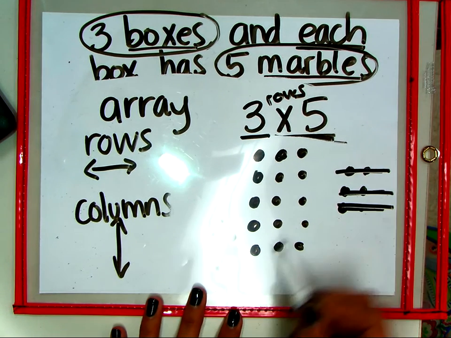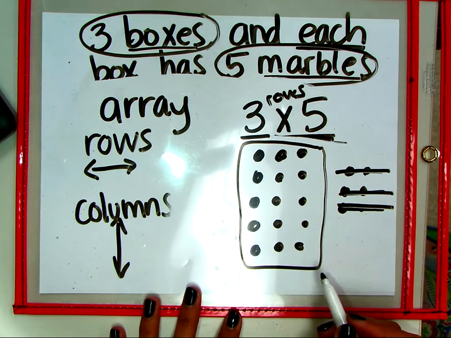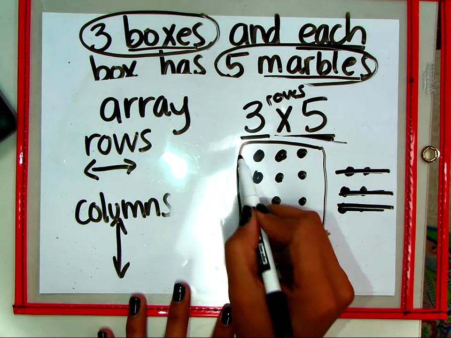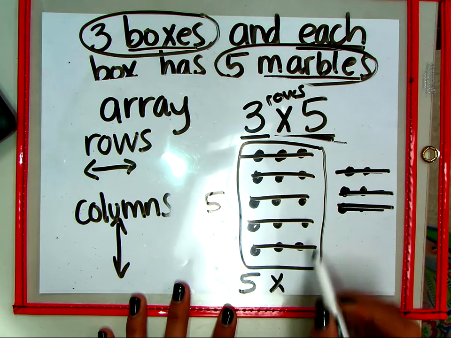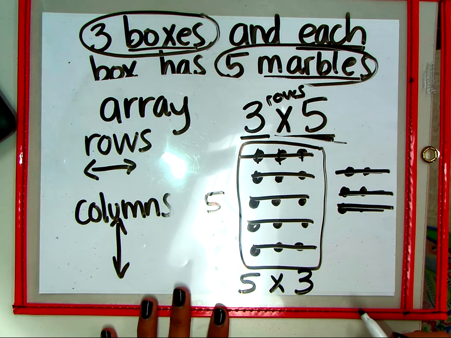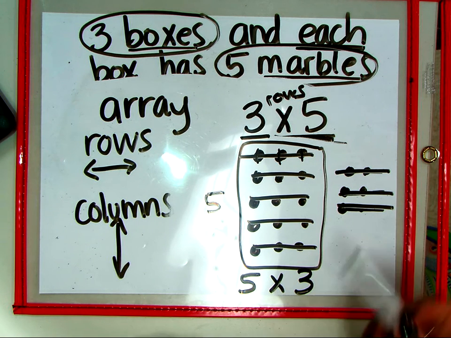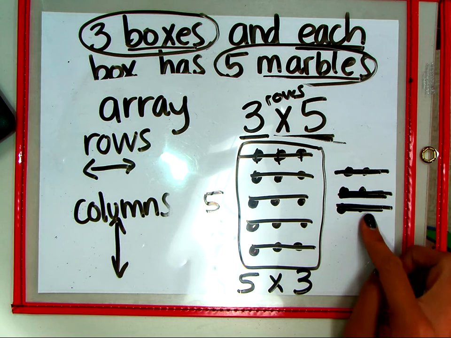If a student was just looking at this array right here, this would be more of 5 rows, 1, 2, 3, 4, 5. 5 rows of 1, 2, 3. They can be interchanged, but if a student is looking at just one array, we want them to see the rows going across first. So this would be 5 times 3, and this would be 3 times 5.